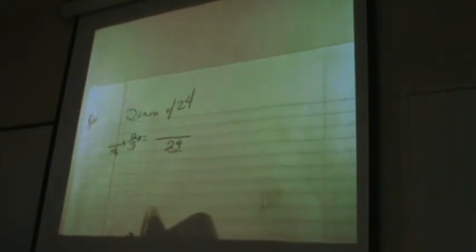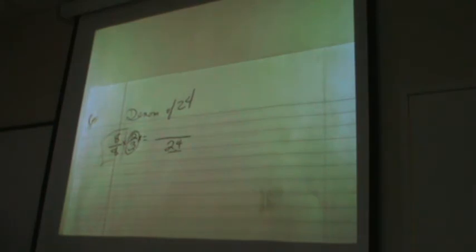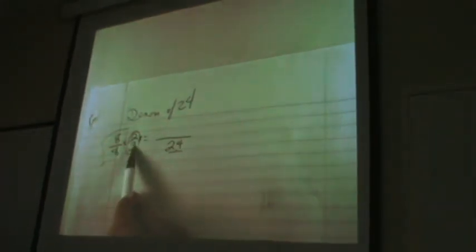So we're going to multiply by 1 by using a fraction here. Okay, 3 times what gives us 24? 3 times 8 gives us 24. If we multiply this by 1, which is 8 over 8, it doesn't change the value of the fraction. So since we multiplied the bottom by 8, we need to multiply the top times 8. 2 times 8 is 16. So this has the same value as 2/3.